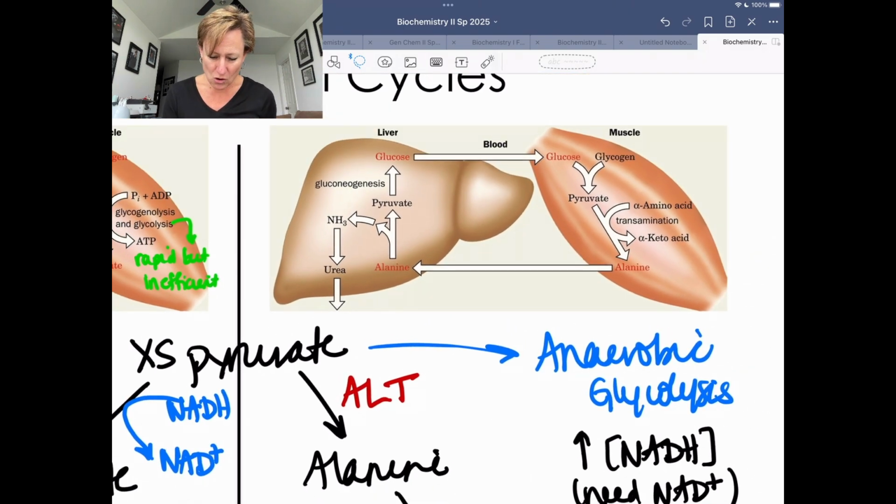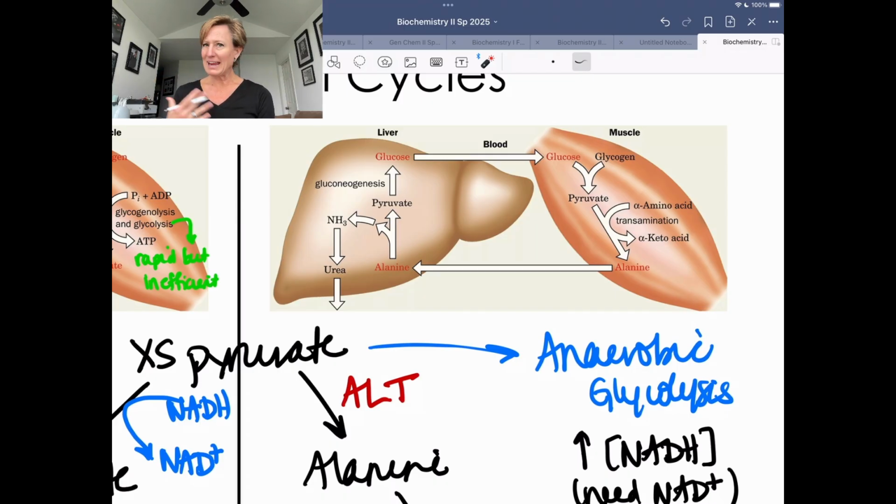All right, so again, if we've got an accumulation of excess pyruvate, this process is anaerobic glycolysis. Transamination chemistry, again, is going to be alanine transaminase because that's the interconversion we're doing between pyruvate and alanine. We're going to have alanine that we can export to the bloodstream. Remember, that's what we talked about in our glycogen storage disease case study.